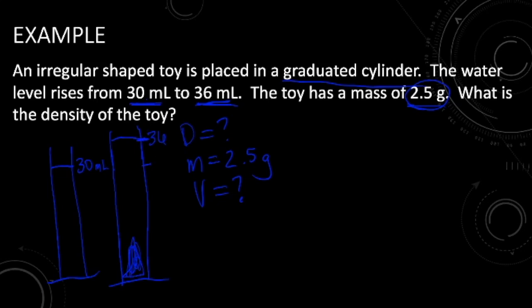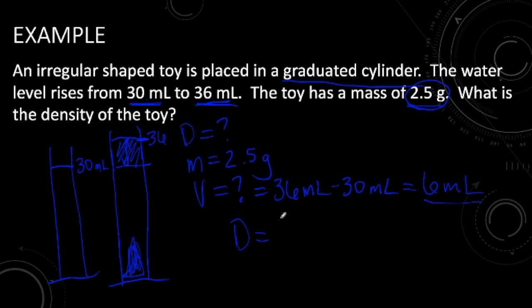So that displaces this amount of water right here, which we can calculate as 36 milliliters minus 30 milliliters to get the difference of 6 milliliters. So we use displacement to calculate our volume there. And now we can just enter this into our ratio. 2.5 grams divided by 6 milliliters should give us our answer.